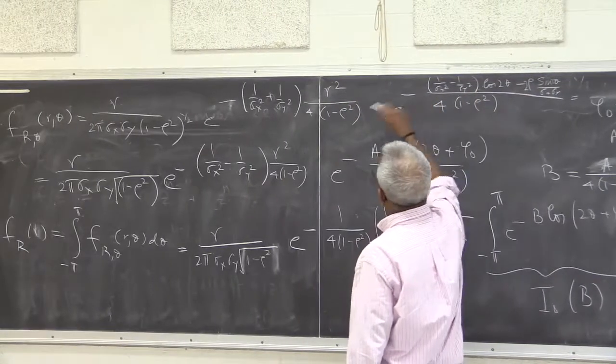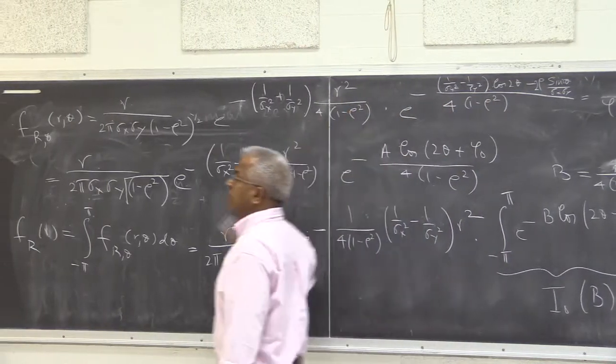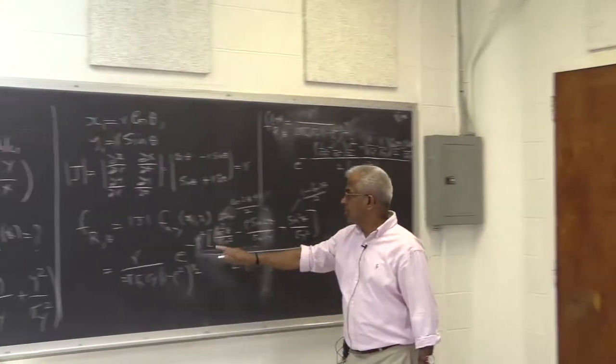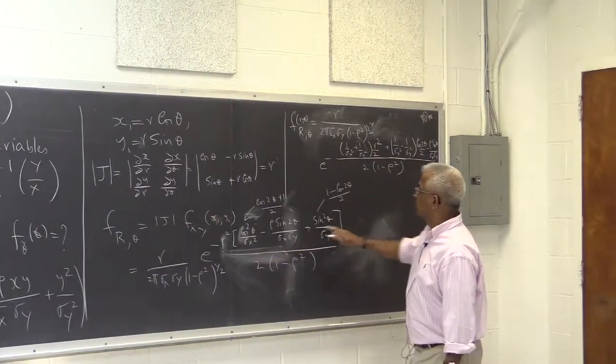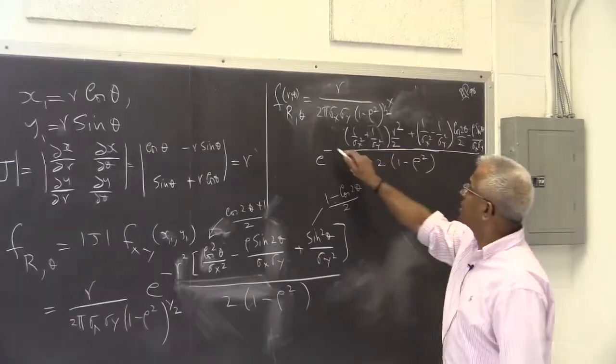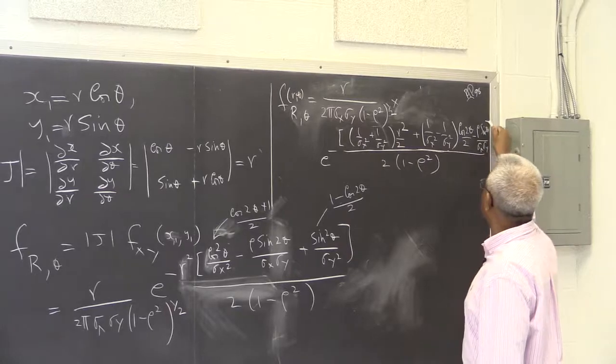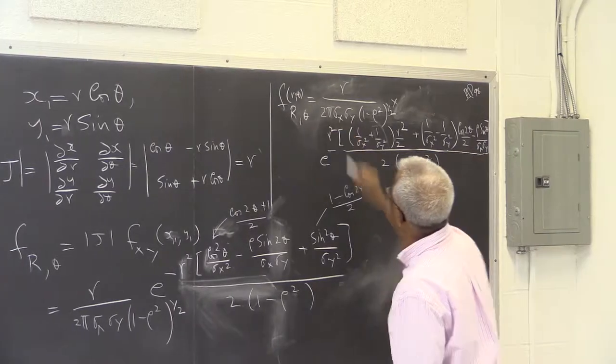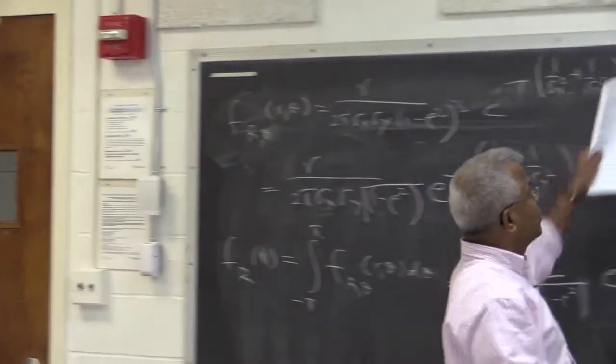And I believe when we expand it, remember if you look here, this r squared multiplies all the terms. So of course there will be an r squared here also. So we took care of the r squared here.